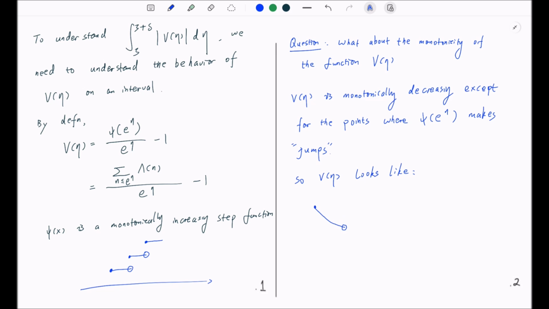Then it will make a jump and starts decreasing again until e to the eta meets another power of prime. Make a jump and starts decreasing again, and so on. So this is the behavior of v of eta.